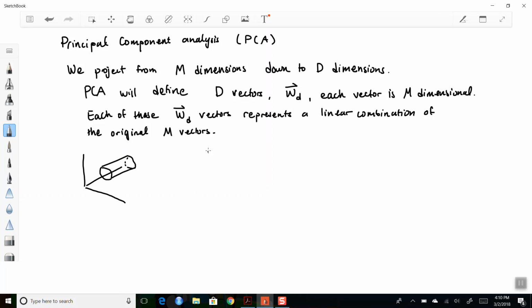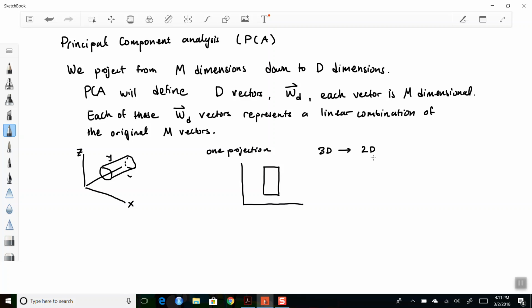Let me redraw my axes here. So we'll say this is x, and this direction is y, and this one is z. Okay, so one projection could look like this, right? This could be the shadow, imagine you've got a paper towel tube or toilet paper tube. This could be one projection, right? And here we're going from 3 dimensions down to 2 dimensions, okay?